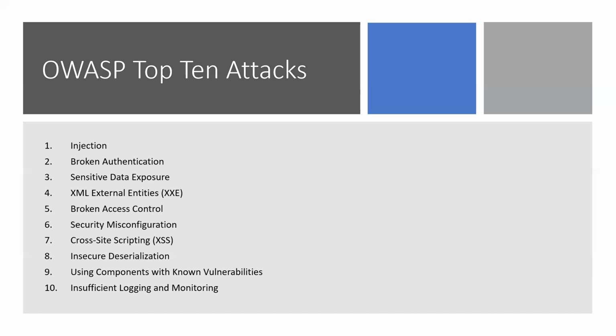Eight, we have insecure deserialization. This item describes issues that can occur if attackers can access and potentially change serialized versions of data and objects. That is, text versions of objects that can be reconstituted into objects by the server.